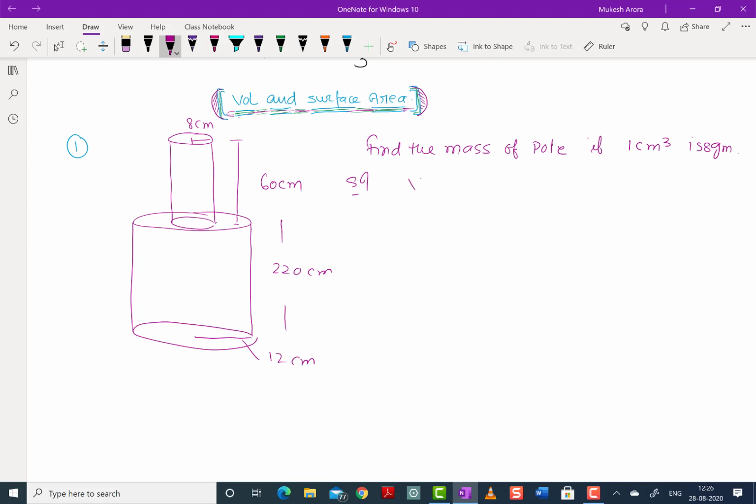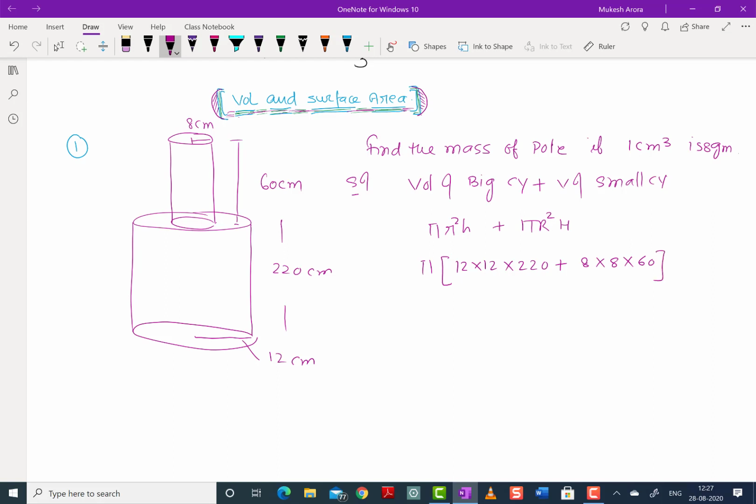So first of all we have to find the volume of the big cylinder plus the volume of the small cylinder. So pi r square h plus pi r square h. Only pi is common. R is 12 into 12 into h is 220, plus r is 8 into 8 into 60.